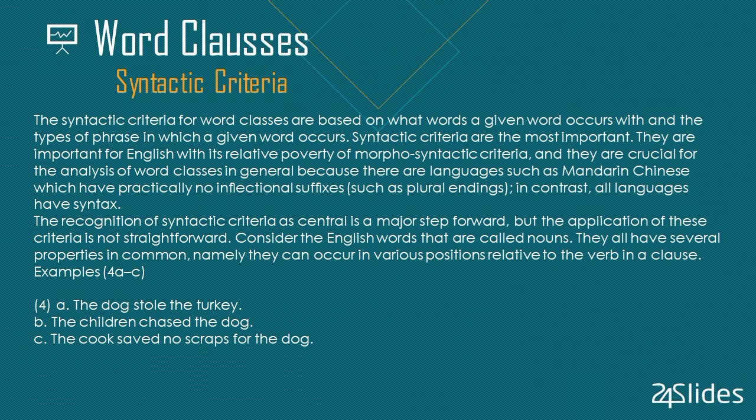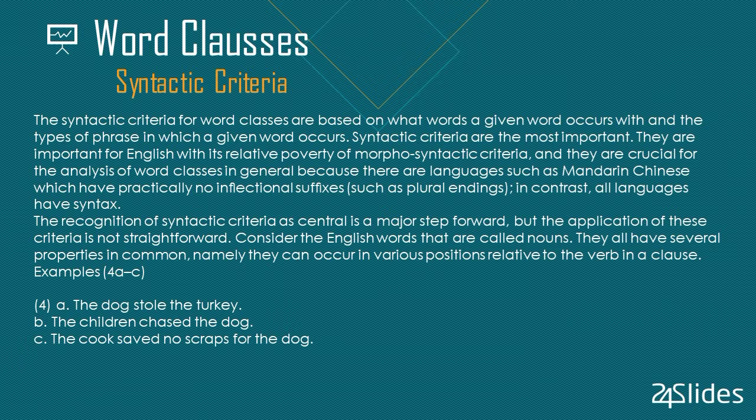The next criteria: syntactic criteria. The syntactic criteria for word classes are based on what words a given word occurs with and the types of phrases in which a given word occurs. Syntactic criteria are the most important.